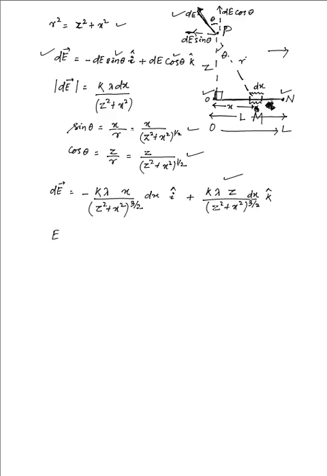Now E is simply the integration of dE, which in turn is the integration of these two terms that we have over here, over the x direction and the z direction. Because both of them are integrated over x, the second term results in a value like L divided by z root over of (z square plus L square).